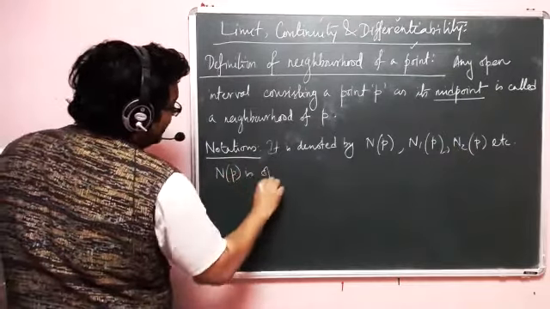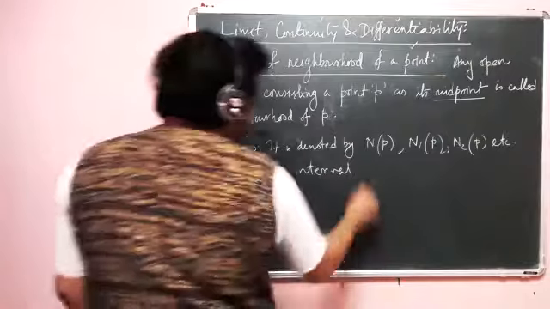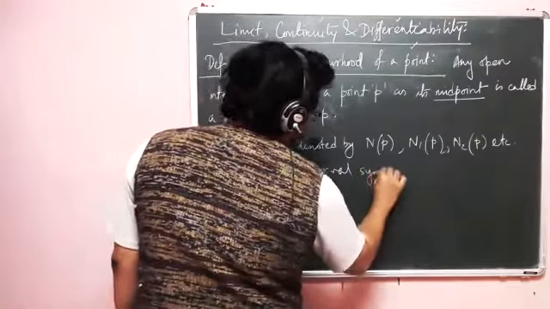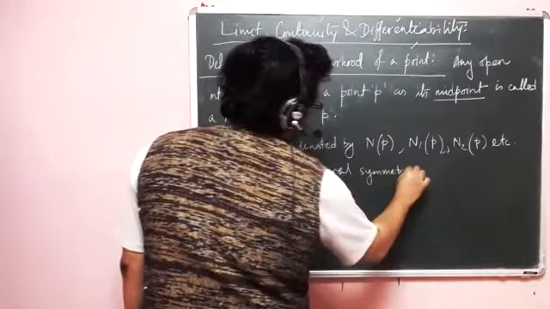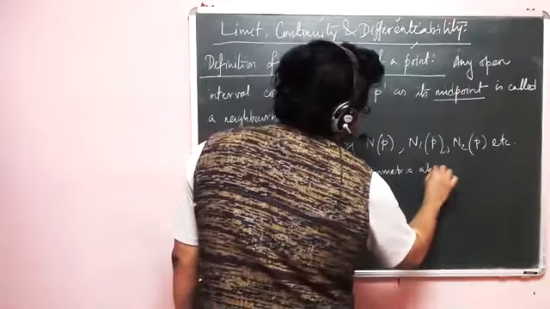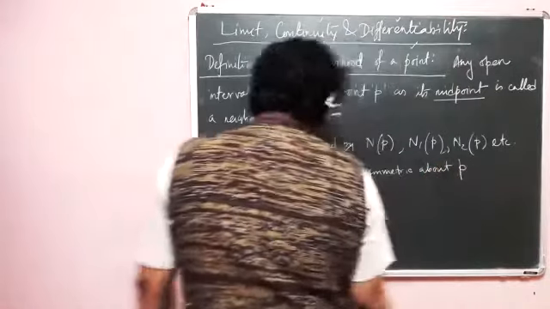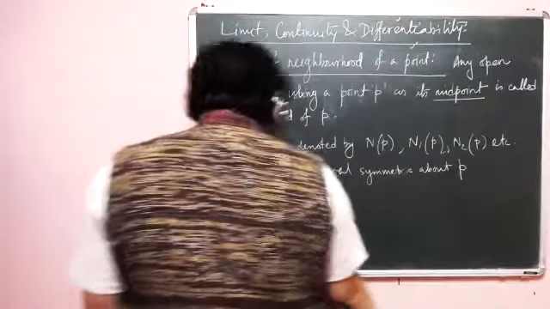Let's say that NP is an open interval symmetric around P, because P is the midpoint. So it will be symmetric about P. And that means what?